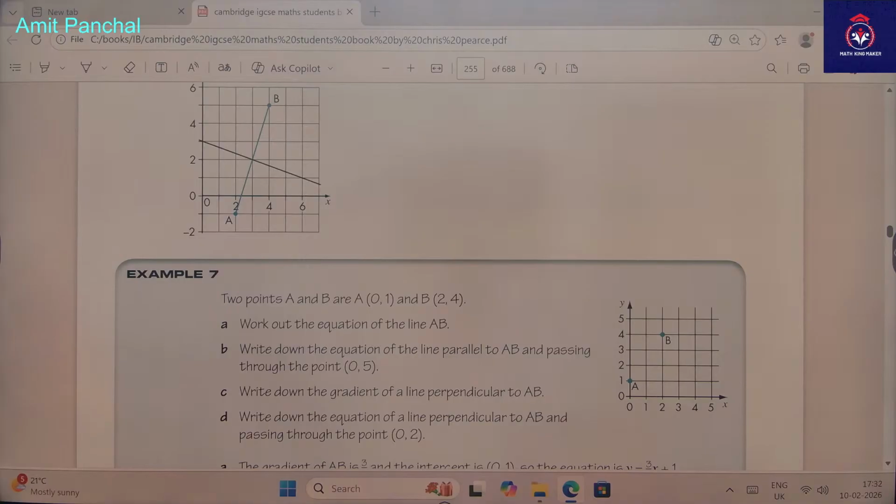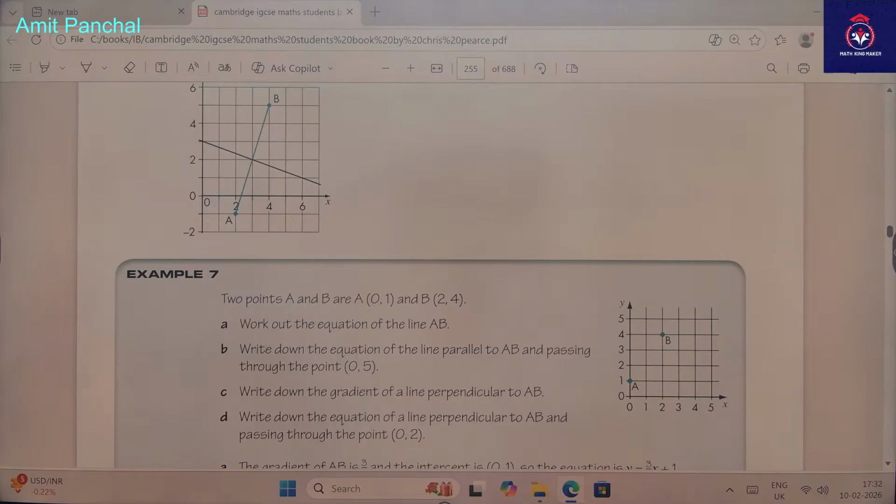Okay. And then the equation of the line parallel to AB, the first one through 0 and 5. Parallel means it will have the same gradient. Yes. So the only remaining thing is to find the y-intercept. Yes, sir. That means.